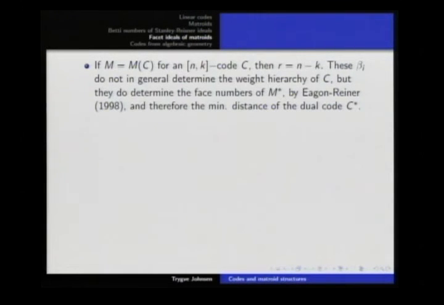Well, I can't give it to you offhand now, but given these beta i's, in Eagon-Reiner you have conversion formulas for the F_i's, and if you know the face numbers.